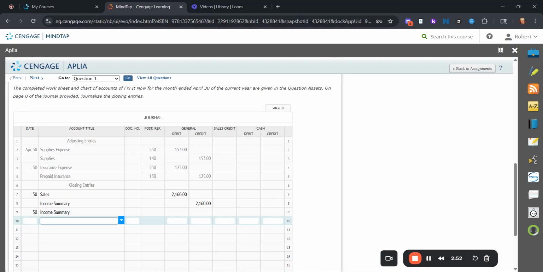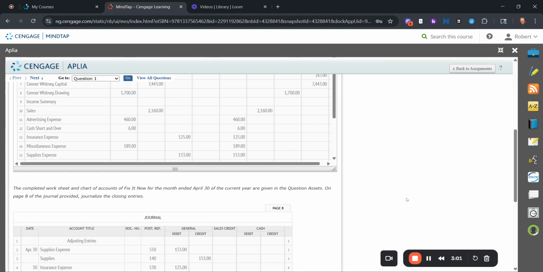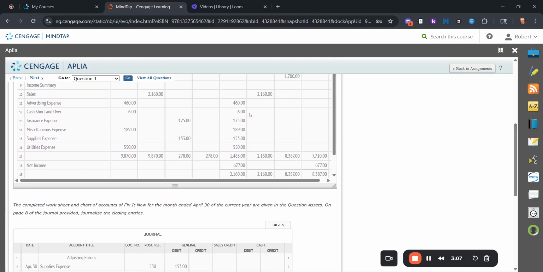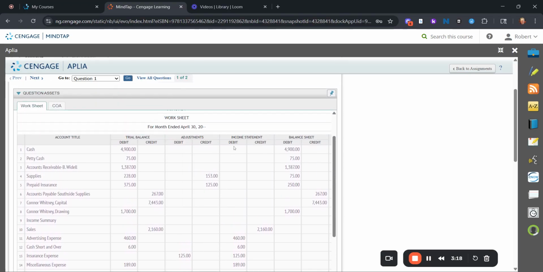And for the next few lines, we're going to journalize the expenses. So let's go up here to expenses. Here are all of our expenses, starting with advertising expense. And we're going to do the opposite with those. At the top of the heading on the worksheet, they're in the debit column.